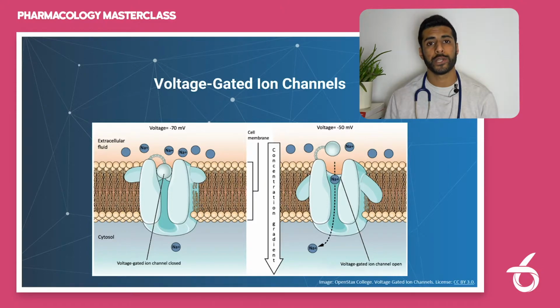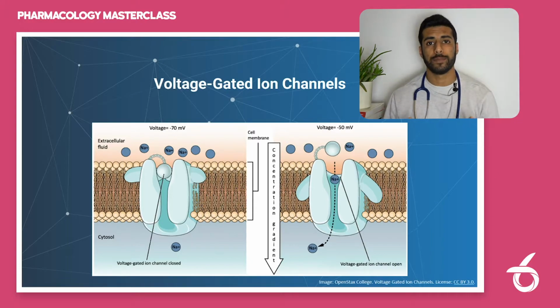And remember, we measure membrane potential as the voltage inside compared to the voltage outside. So if it's becoming more positive, that means the inside of the cell is becoming more positive. One way this can happen is if we move positive ions into the cell, and this actually uses voltage-gated ion channels.